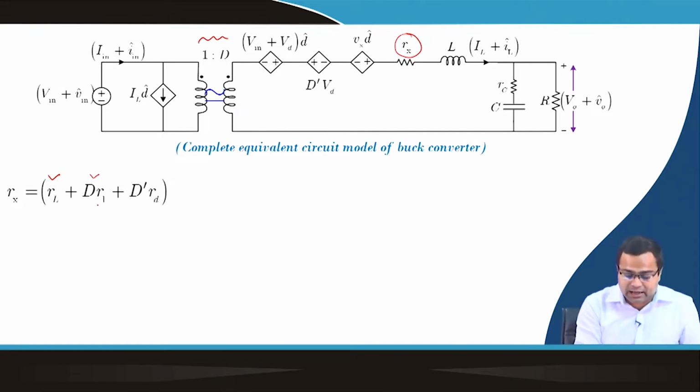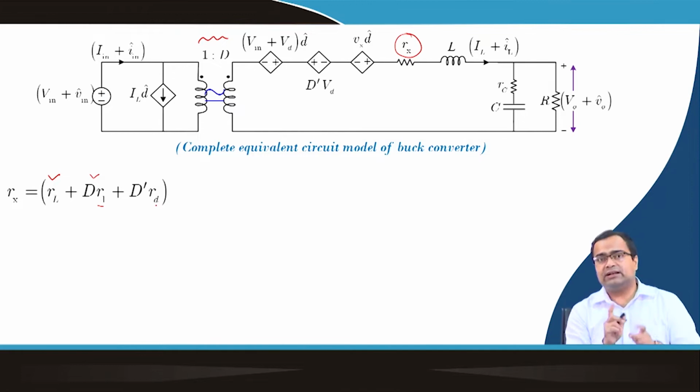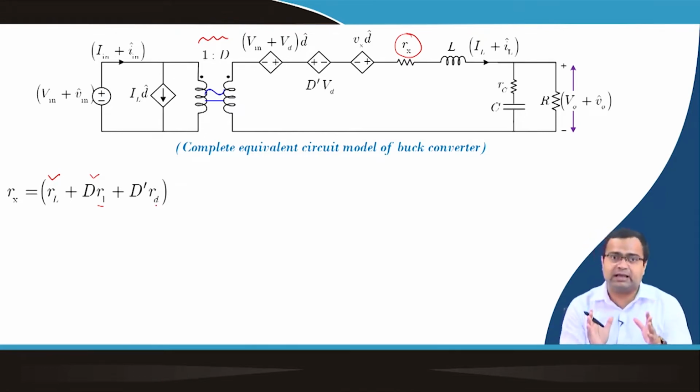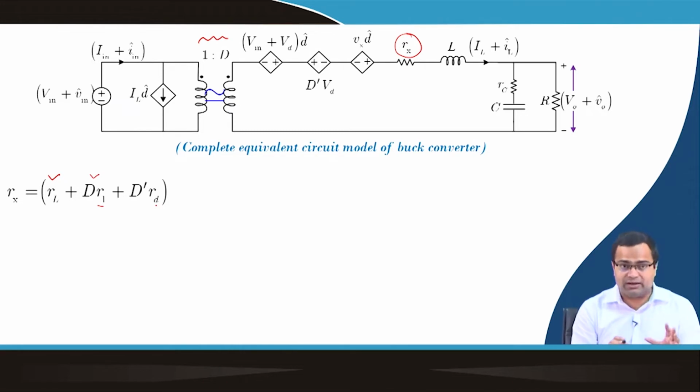Now, if R1 and RD are the same, for example in a synchronous buck converter where the on state resistance of the high side switch and the low side switch are nearly equal, then this Rx will be simply RL plus R1 because D plus 1 minus D is 1. And here we can drop the diode drop in a synchronous DC-DC converter.